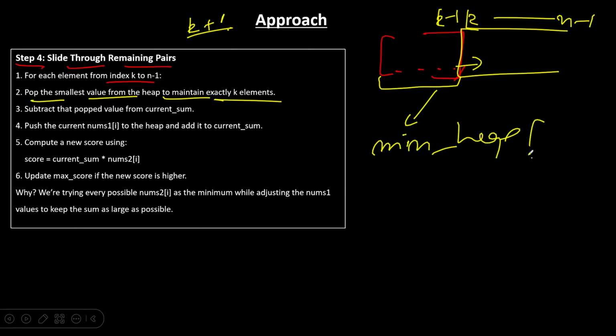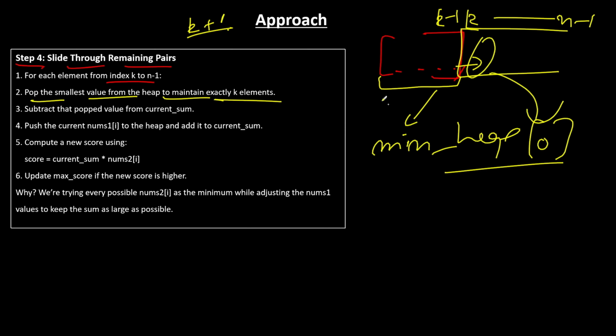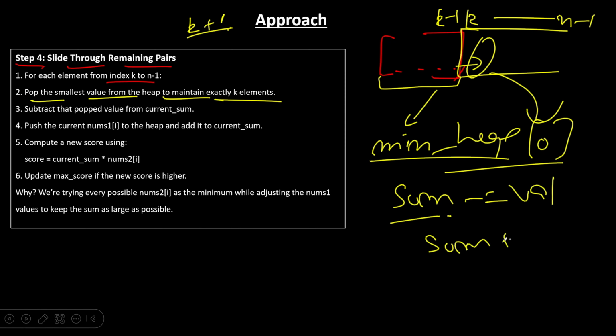So we pop the value from it, and we add the new value into the min heap. The value which is removed from the min heap, we also subtract from the sum, and then we add the new value from the kth index into the sum. Makes sense? It is what is written here.